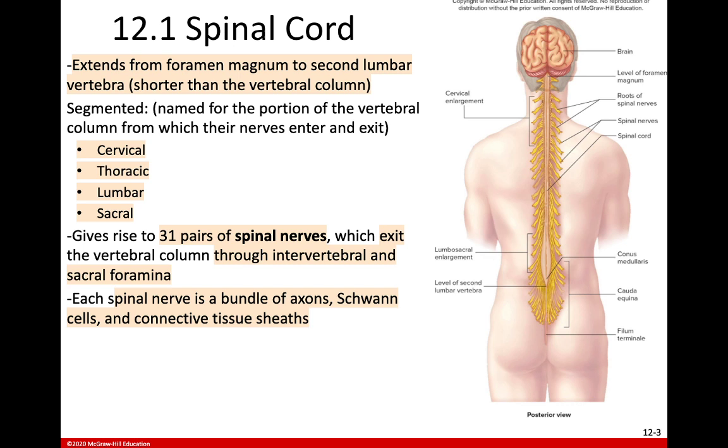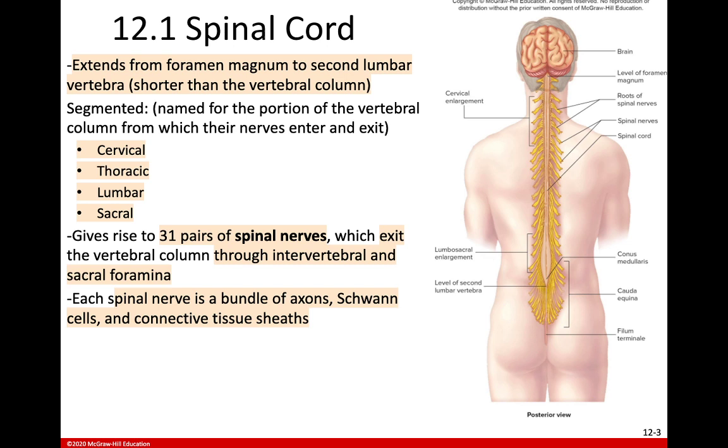So, for example, the segment of the spinal cord whose nerves enter and exit through the thoracic vertebra would be called the thoracic segment of the spinal cord.